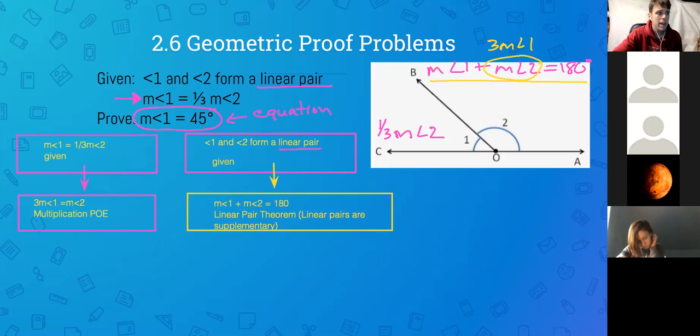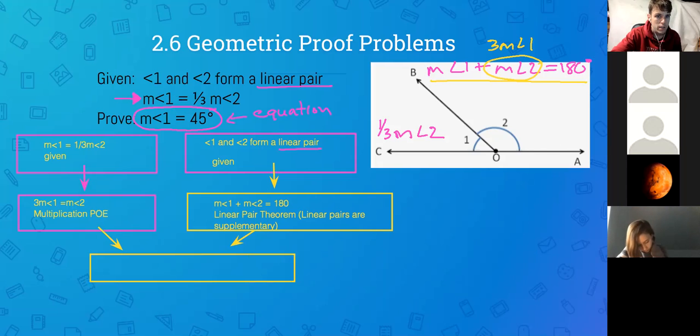Now what I'm going to do is take these 2 statements and put them together. I'm going to make a substitution. In that substitution, I'm going to write the equation that the measure of angle 1 plus 3 times the measure of angle 1 equals 180.